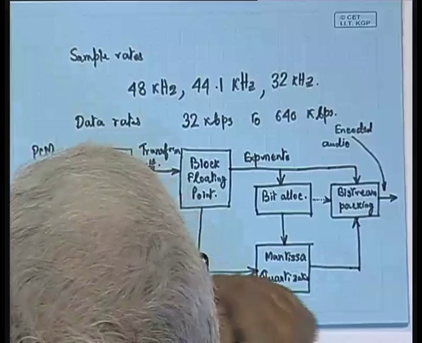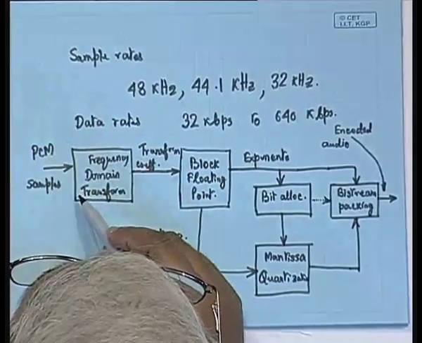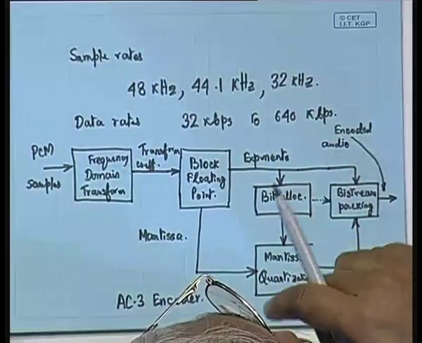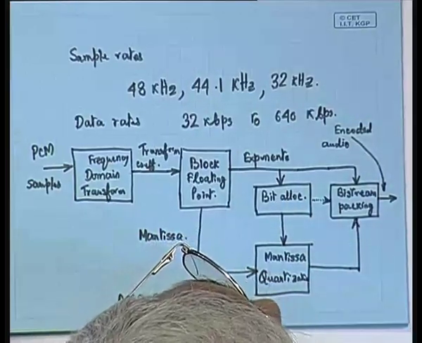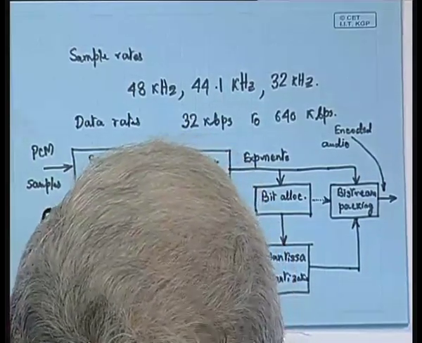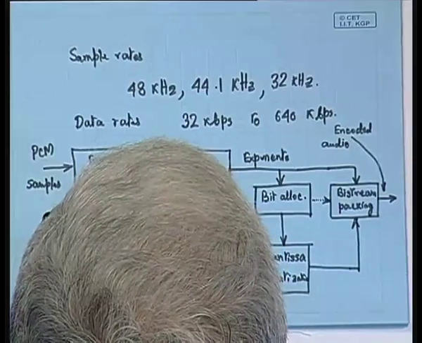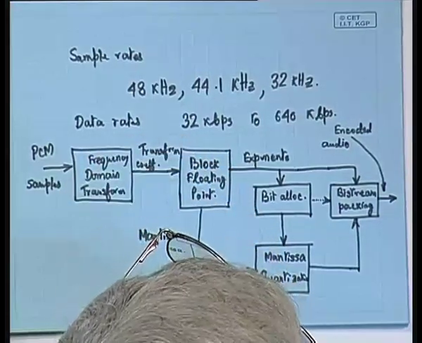You notice one thing, that here the transformation is done only at one stage, whereas in the MPEG audio standards, MPEG 1 and MPEG 2, we not only have the FFT computed separately, but for the encoding of the signal, we encode the signal into different bands, and in order to process those bands, the MDCT is taken.